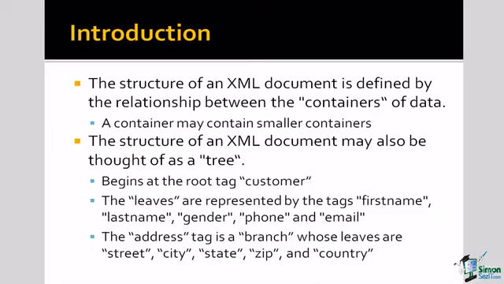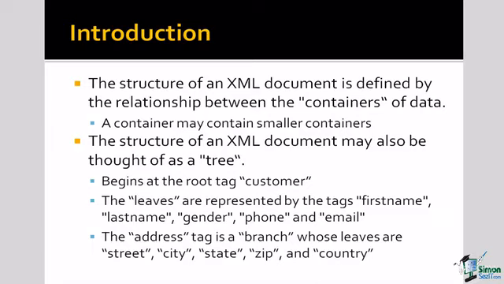The leaves of our XML tree are represented by the tags first name, last name, gender, phone, and email, because these tags contain no children tags, no subchild tags. Therefore, we refer to them as the leaves on the tree.